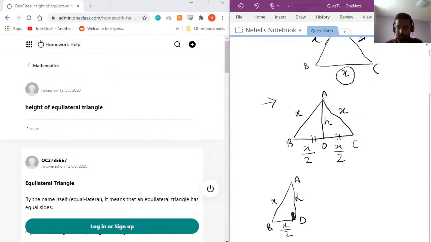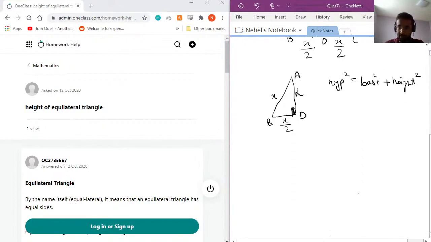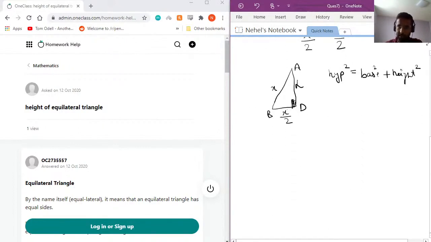Given this scenario, we know that the Pythagoras theorem states that the hypotenuse squared is equal to the base squared plus the height squared for a 90-degree triangle. So for this triangle ABD, our hypotenuse, which is the longest side, is AB.